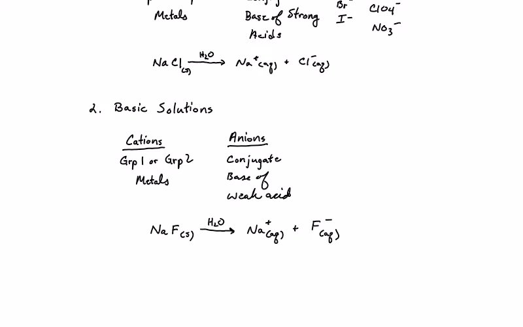But here's the thing: while sodium does not interact with the water at all beyond that, the fluoride, being a weak base, can react with water, and that will produce a little bit of hydroxide, which is going to make the solution basic.